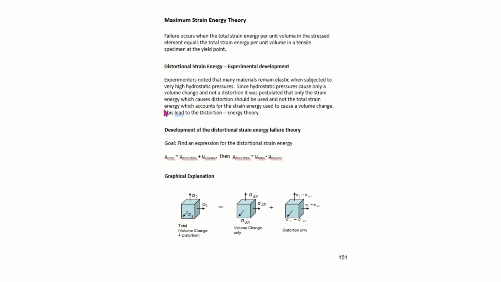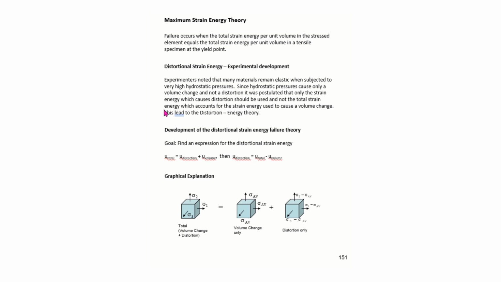And researchers found that that uniform volume change does not cause failure. So a material in a hydrostatic stress state, where there would be equal pressure on all sides, would compress and get smaller, but it would not fail. So that's the important thing to note.